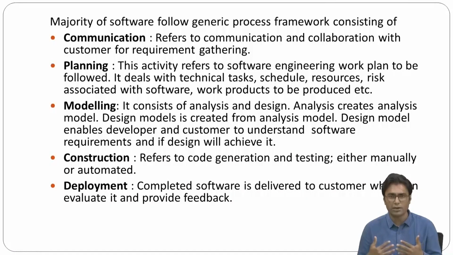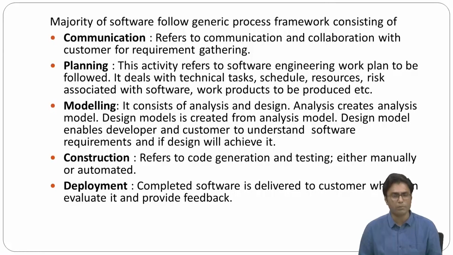Then modeling consists of analysis and design. Analysis creates the analysis model. Then the design model is created from the analysis model. The design model enables developer and customer to understand software requirements and whether the design will achieve them. Then construction refers to code generation and testing, either manually or automated.